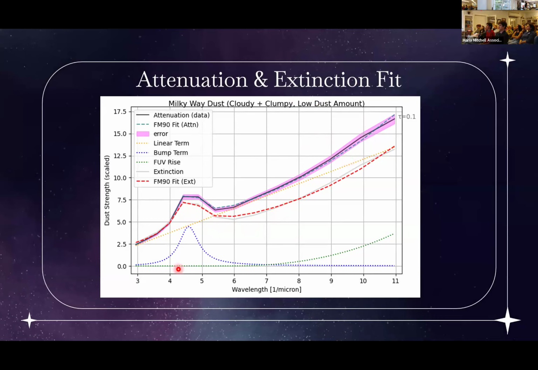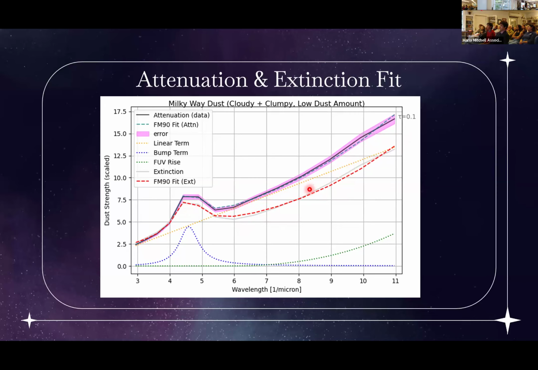The colored dots are the components that make up this curve, and right under here is the extinction fit and the simulation's underlying extinction curve, just as a baseline of the scattering and absorption. You can see that the FM90 model is capturing the main features of the bump and the UV slope, but it's not perfect. Those little mismatches between the data and the fit are where geometry is sneaking in and reshaping the curve.